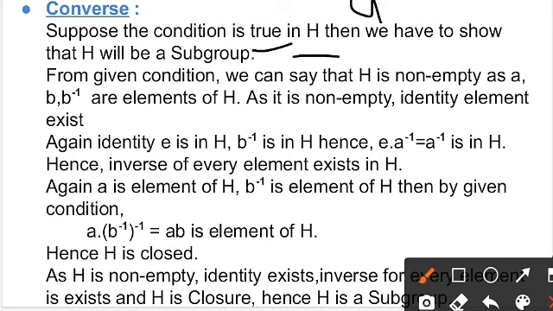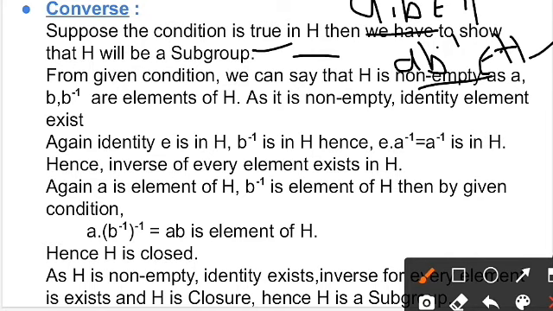The given condition was that a, b are elements of H, then ab inverse must be an element of H, right? Also, as it is non-empty, the identity element will exist there.